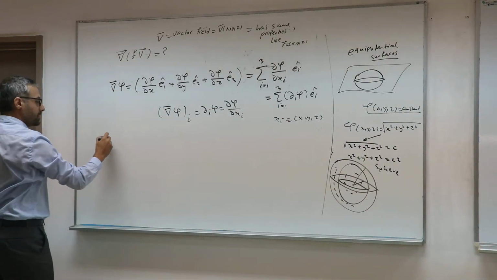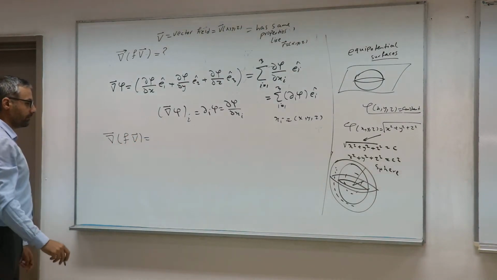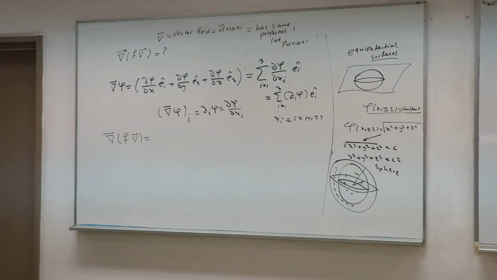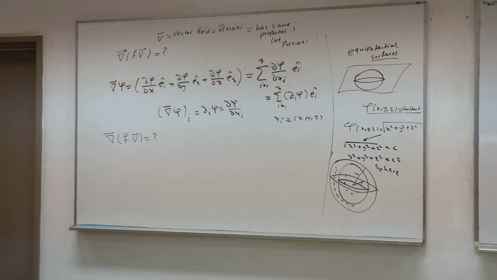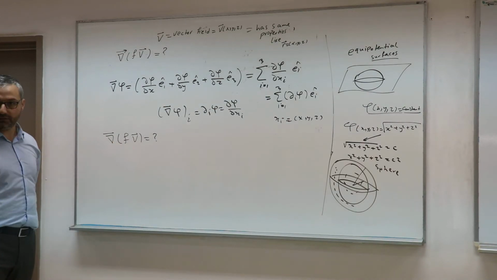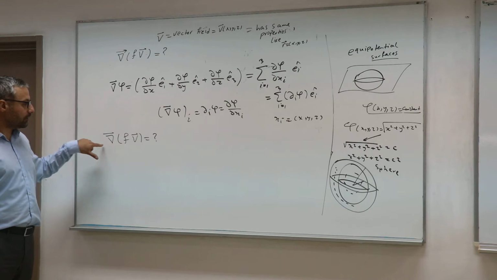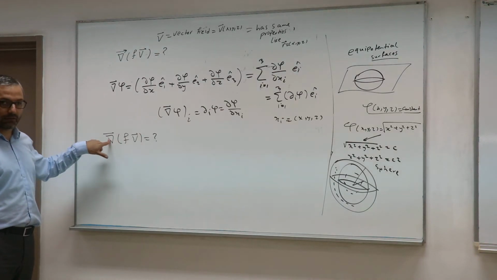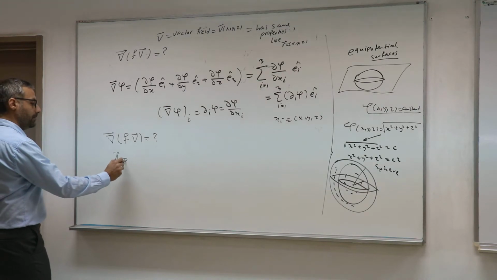To find this, I need to know whether it has any meaning or not. I have one vector here and one vector here. How can I put two vectors together, close to each other, without any rule? For example, A, B, what does it mean?